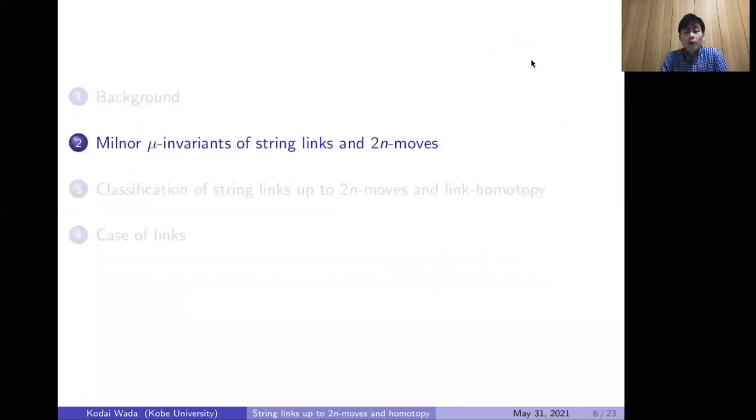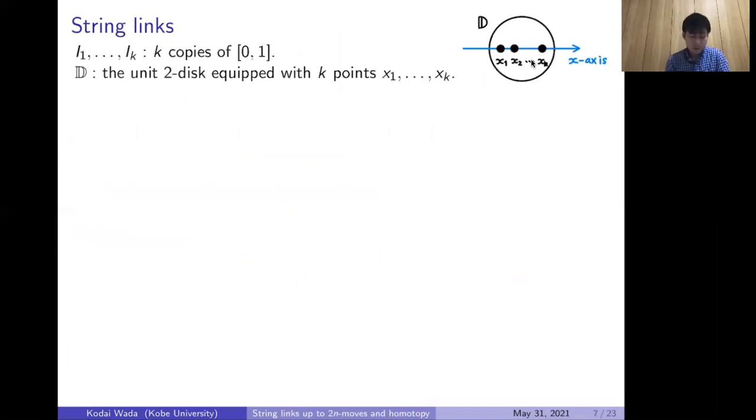In this talk, we will mainly focus on Milnor mu invariants of string links. So we recall the definitions of string links and their mu invariants. Let I1, ..., Ik be k copies of the unit interval [0,1].